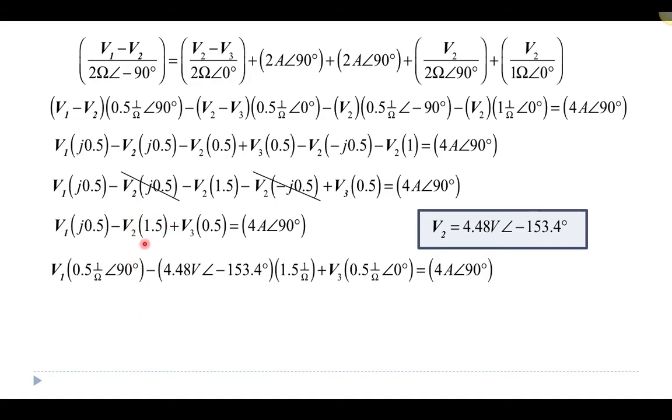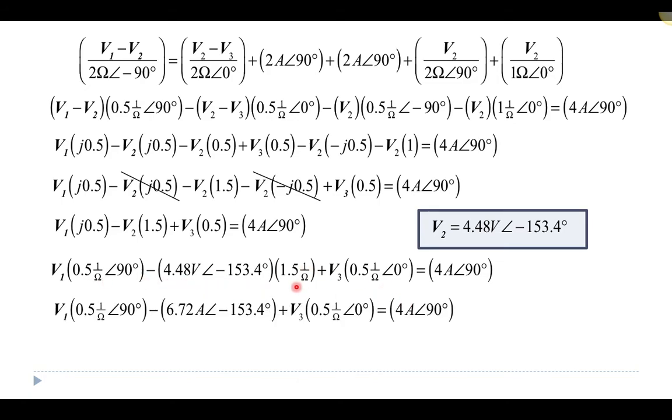There's V2 multiplied by 1.5. I've also put the V1 and V3 terms back into polar form. And now I can multiply 1.5 times 4.48, 6.72, still the same phase angle of negative 153.4.